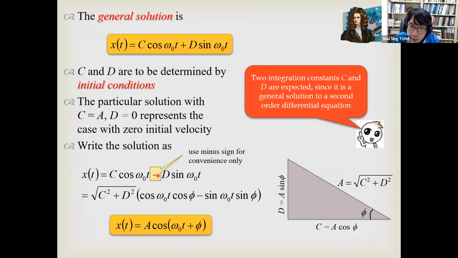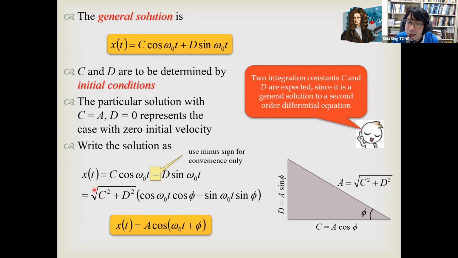Now, if we take this as a minus sign, then C is equal to A cosine phi, right? So I have cosine phi cosine omega naught t as the first term. And D is equal to A sine phi, so I have sine omega naught t sine phi as the second term. And there's a minus sign in between. And A is simply the square root of C squared plus D squared, right?